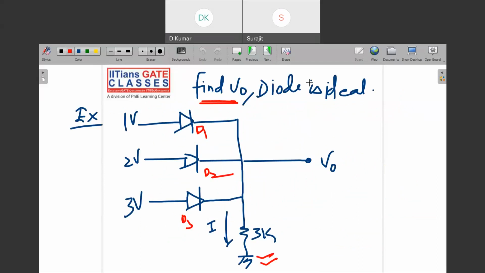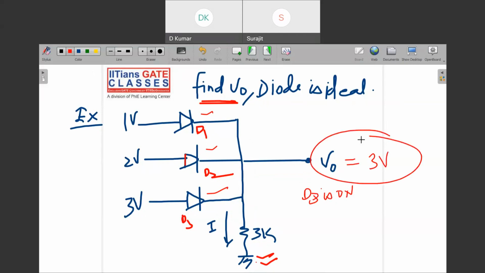Understand, Surajit? Yes, sir. So can you see here 3 minus 0, 3 volt? Here 3 volt, here 2 volt, here 1 volt. So which diode is on? D3 is on. So V naught will be 3 volt, and I will be 1 milliampere.